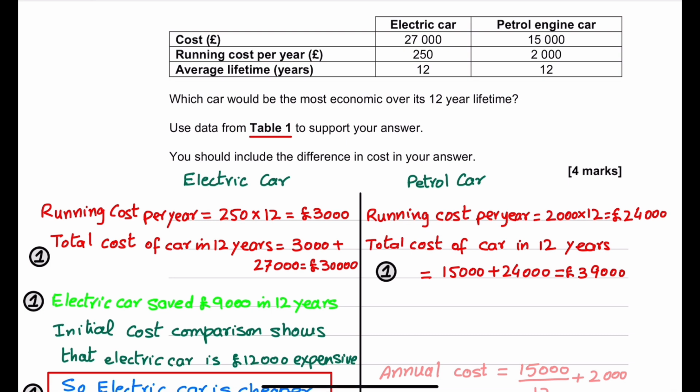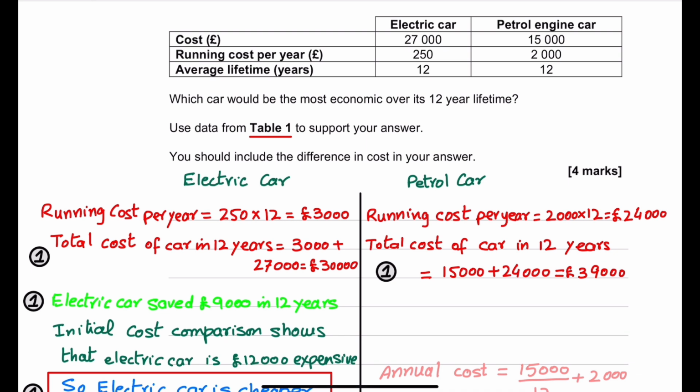The running cost for the petrol car is 2000 per year. 2000 times 12 is 24,000, whereas the initial cost for the car is 15,000. Therefore, the total cost of the car after 12 years is 39,000. We can see that the total cost for the electric car is 30,000 and that of the petrol car is 39,000. So the electric car is saving 9,000 pounds in 12 years.